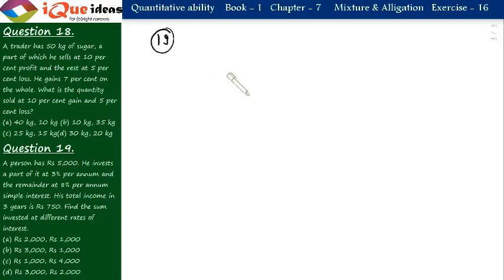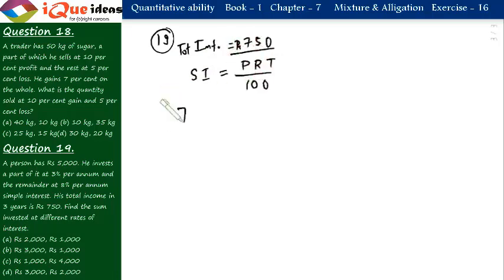So here we are given the total interest. Total interest is equal to 750 rupees, right? And we can calculate interest with the formula of simple interest, that is SI equal to PRT upon 100. SI given is 750, P is given as 5,000, rate we have to calculate, and time is 3 years, so divide by 100.